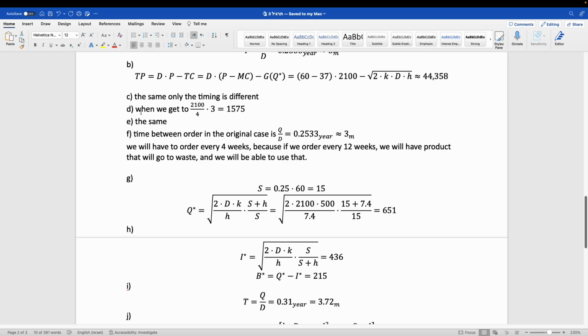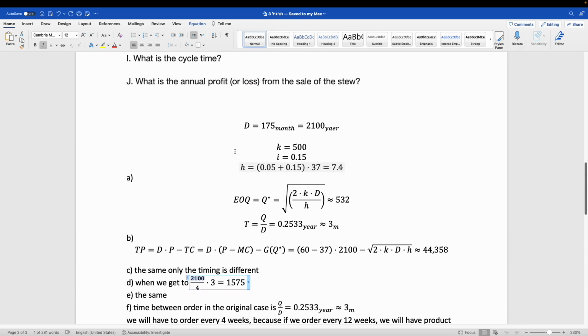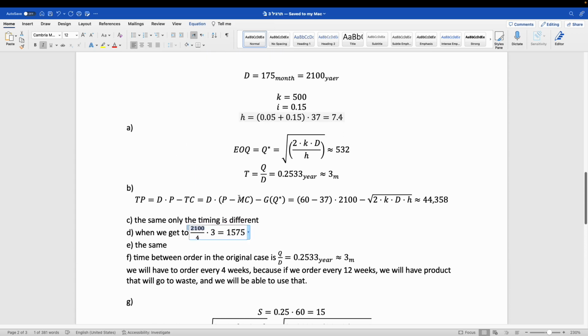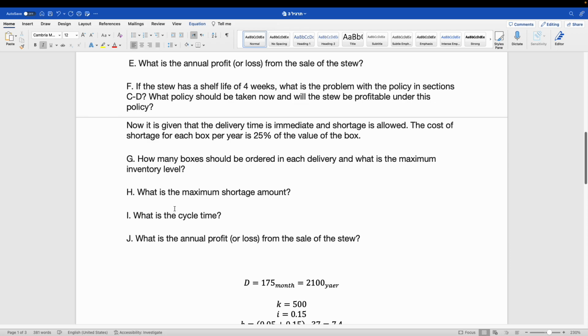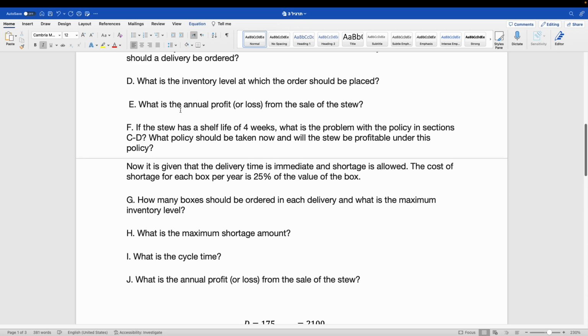The monthly amount is 175, so it's 175 multiplied by 3 divided by 4, for 3 weeks. This will be the answer. One second, we'll check it. This will be 131.25.